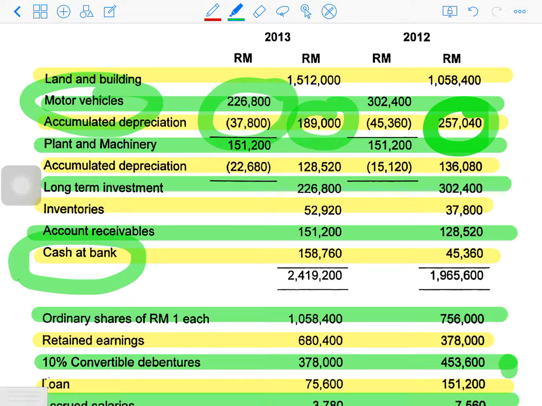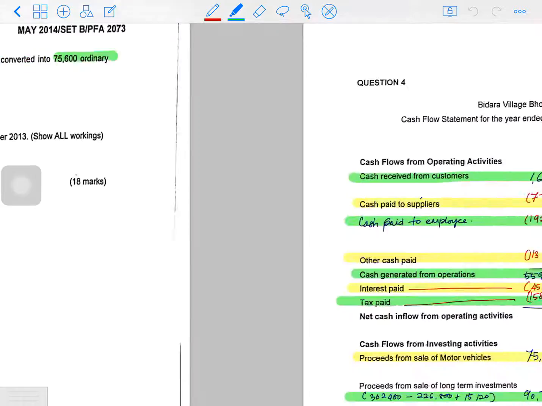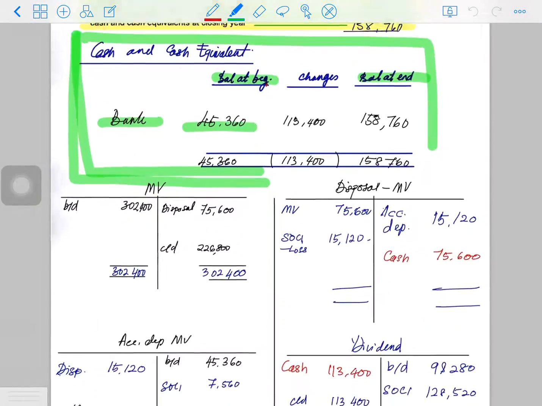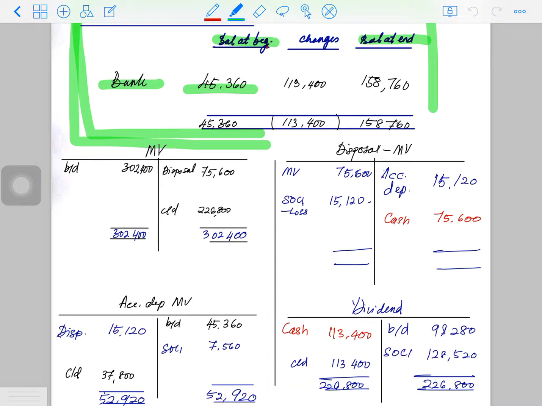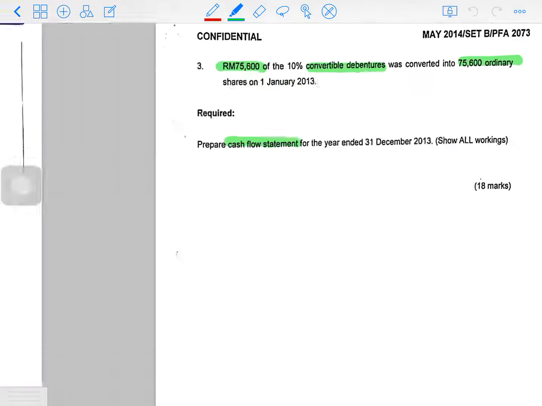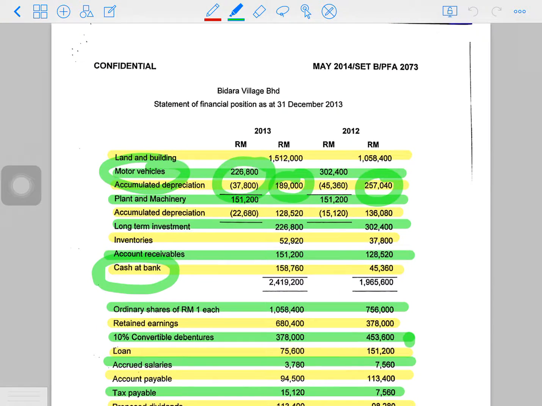But here I'm not sure whether I used motor vehicle. So here I used 30400, which is motor vehicle 304.